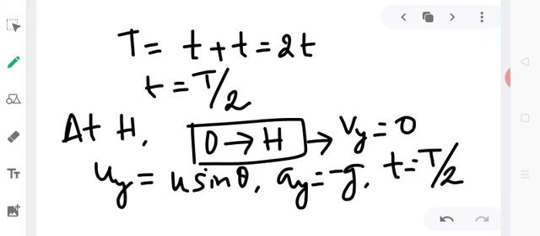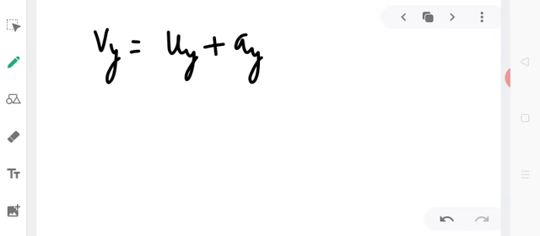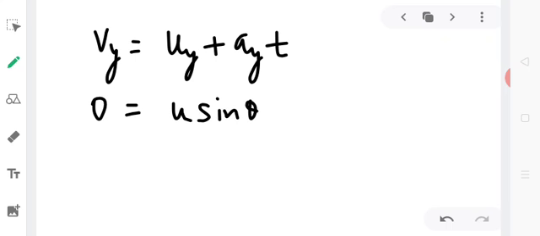So now we can write down Vy equal to uy plus ay into t. So 0 will be equal to u sine theta plus minus g t by 2.